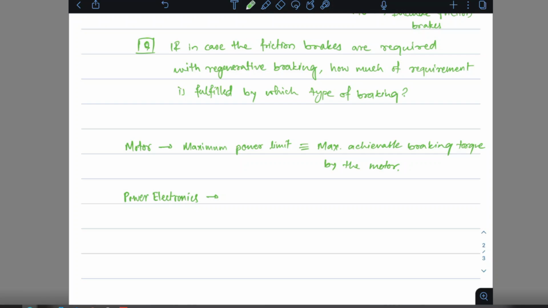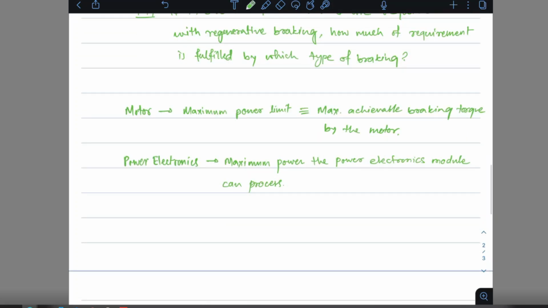So in such a case, there may be a cap on maximum power the power electronics module can process. So that is another challenge.